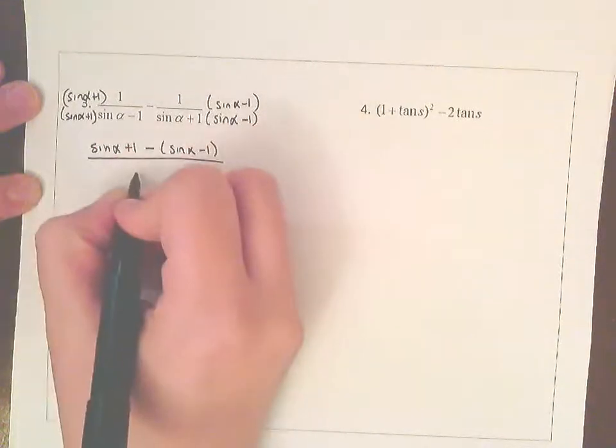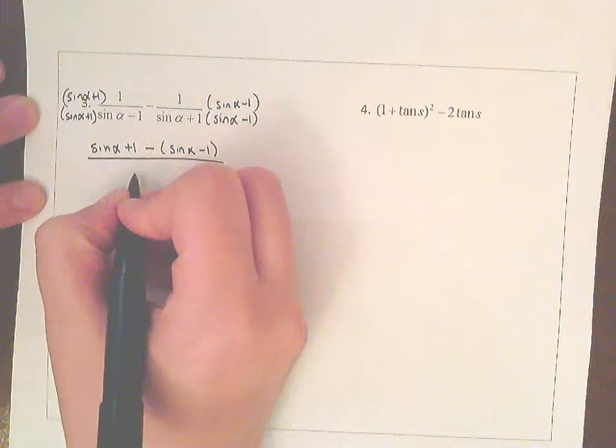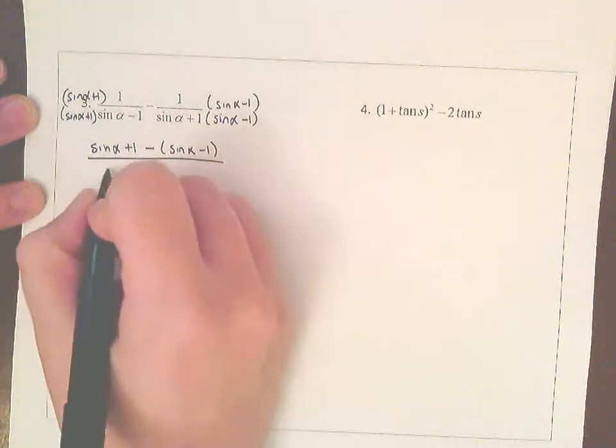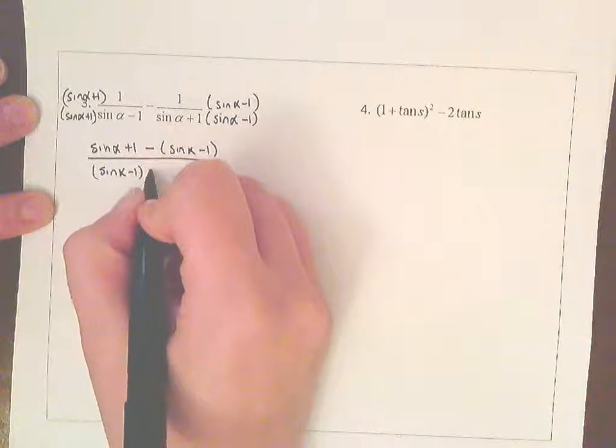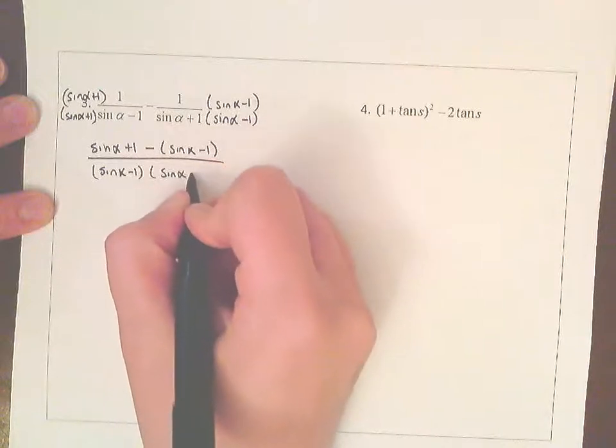All of that is now over sine of alpha minus 1 times sine of alpha plus 1.